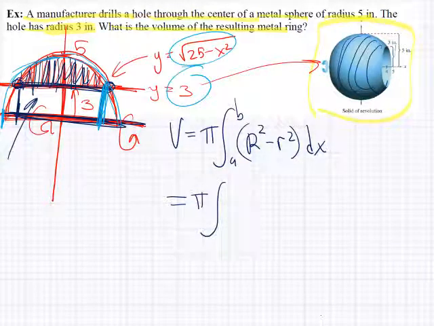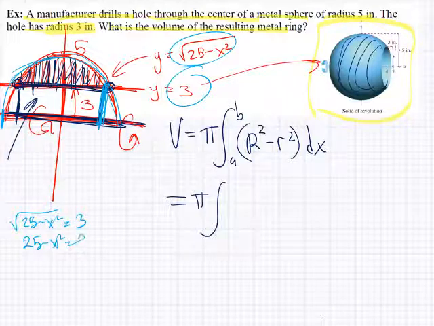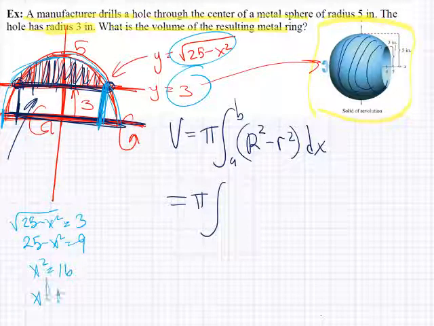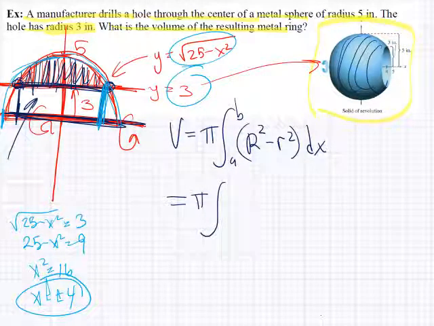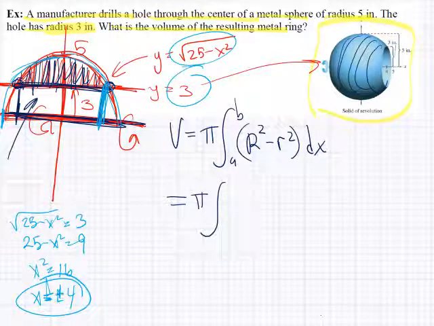So we set them equal to each other. So the square root of 25 minus x squared equals 3. Square both sides, you get 25 minus x squared equals 9. So you're going to get x squared equals 16, which is going to give you x equals plus or minus 4. So this is getting messy. My computer's not working right. But anyway, plus or minus 4. So your width is going to be negative 4 to 4.